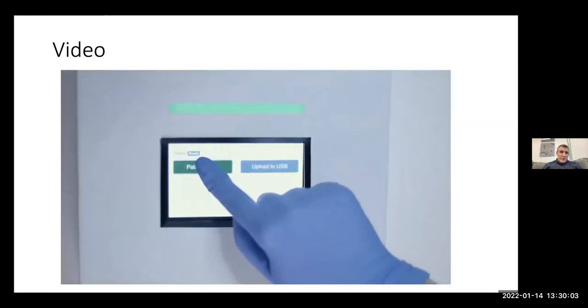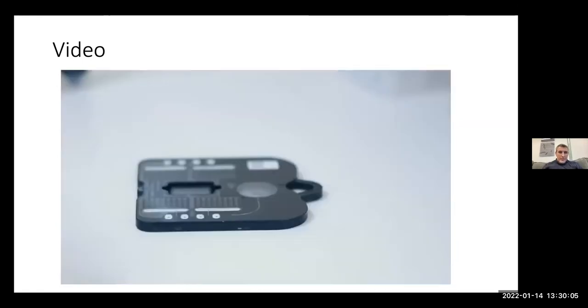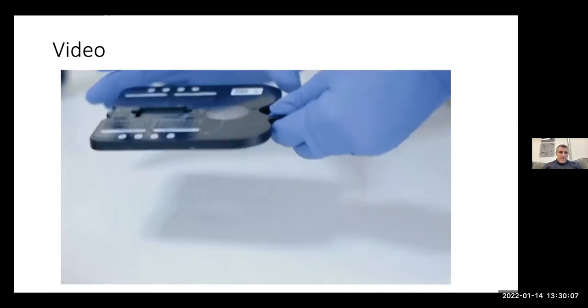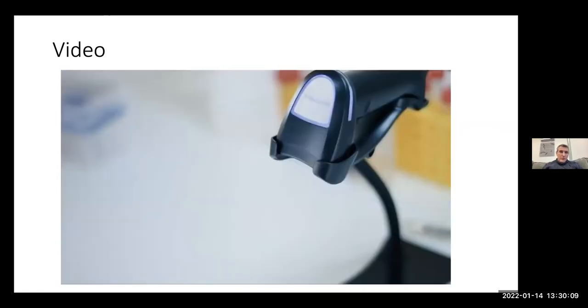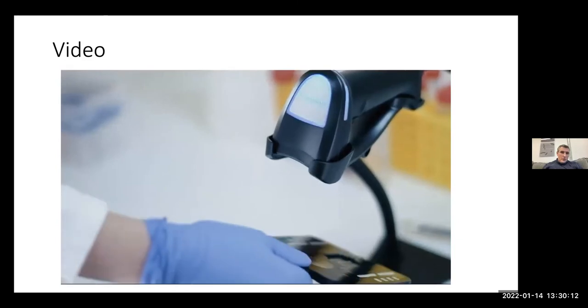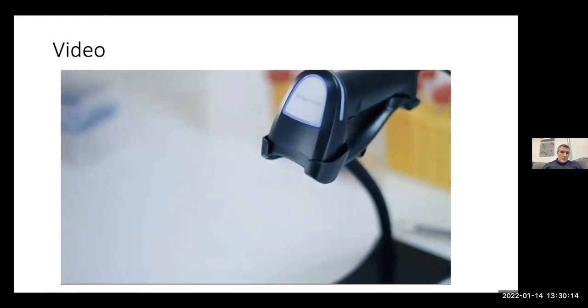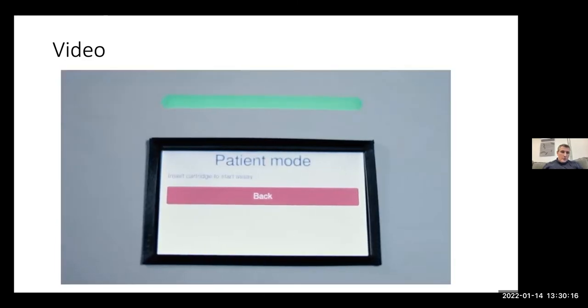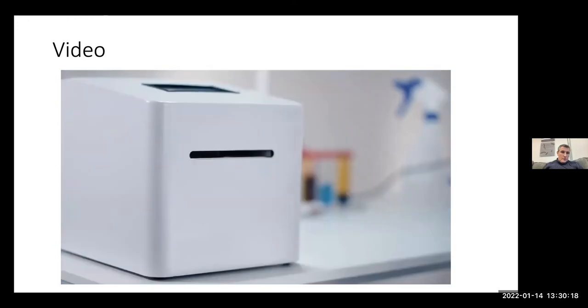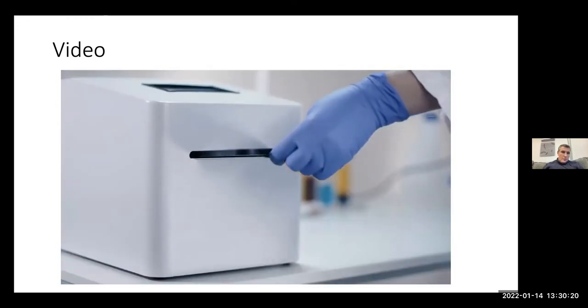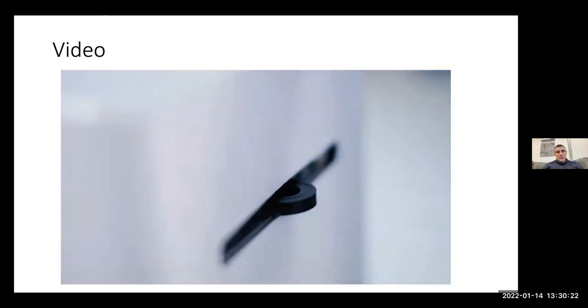It's a bit slow. You go into patient mode, you scan a barcode, and insert it.